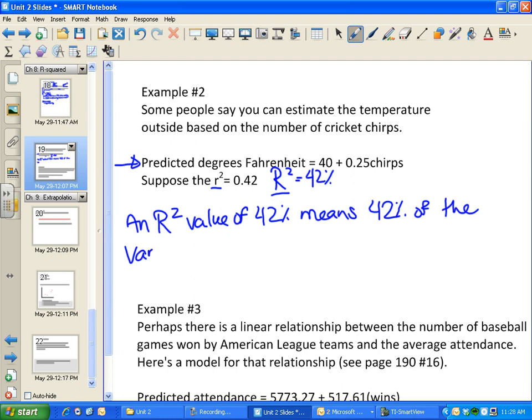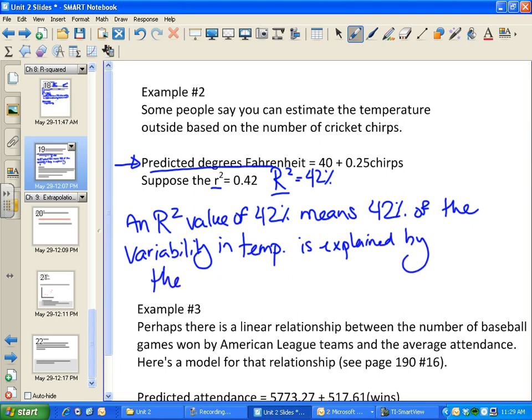Again, if you don't like the word variability, substitute it with a word like differences. 42% of the variability in my y variable, that is the temperature outside, is explained by the linear model. So 42%, about half of the reason that it's a different temperature outside can be explained by knowing how many crickets are chirping. Very interesting, very interesting.